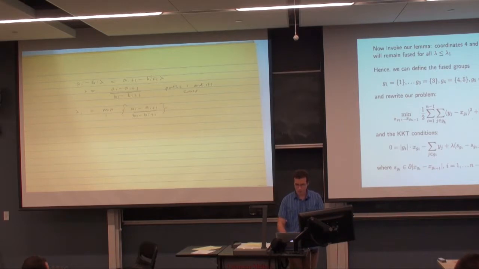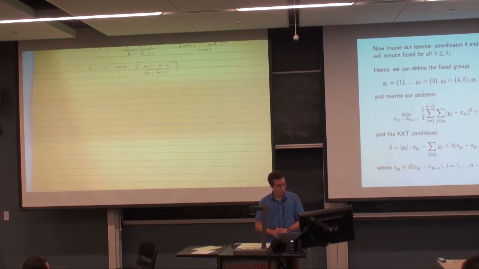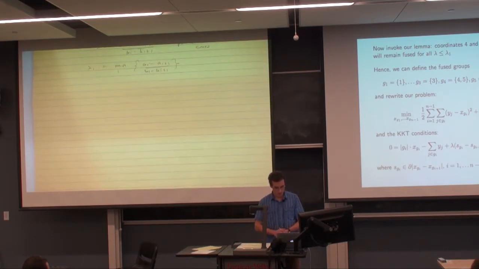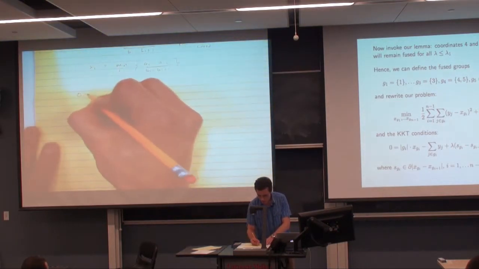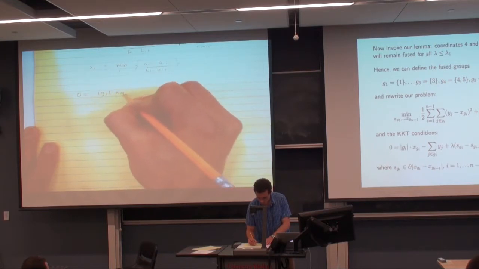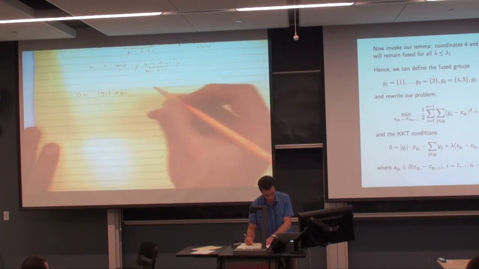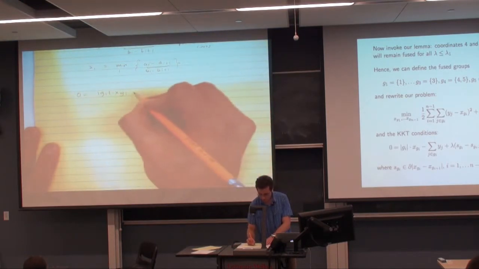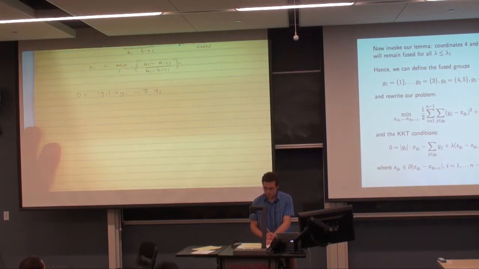I plug in a common value for x4 and x5 and I can re-derive the KKT conditions. I get a very similar set of KKT conditions, except that I'm just reflecting the fact that I have groups now.